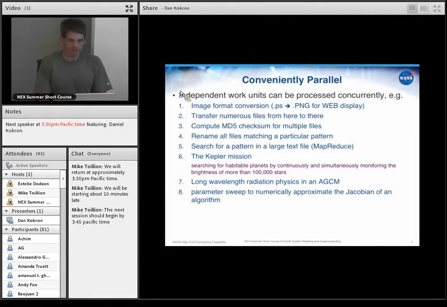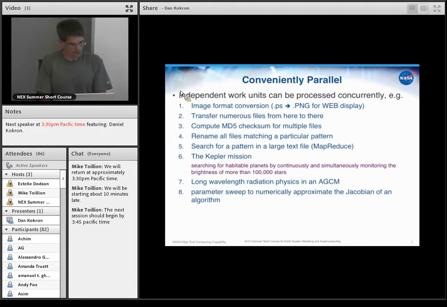Renaming files matching a particular pattern, and also the MapReduce algorithm, which is used by the web search companies for delivering output from your web searches to you.